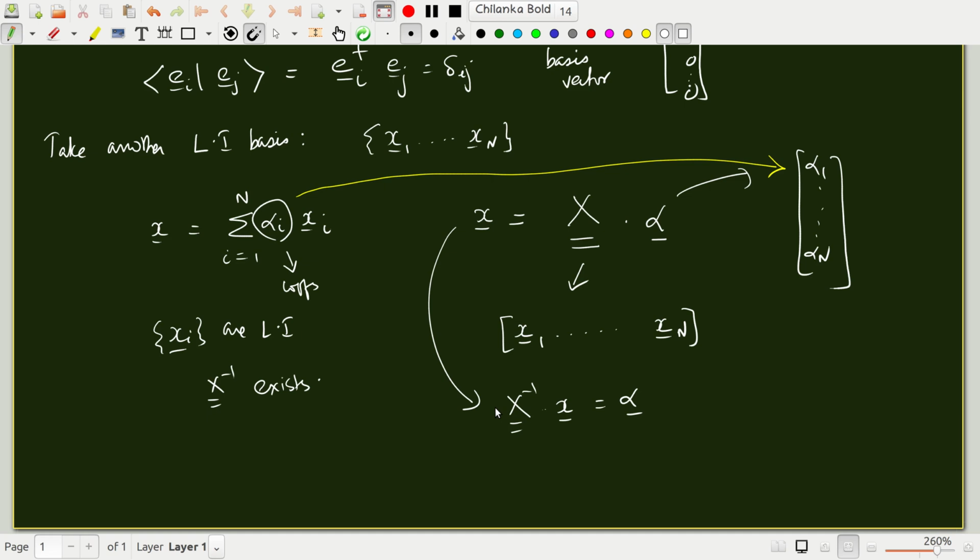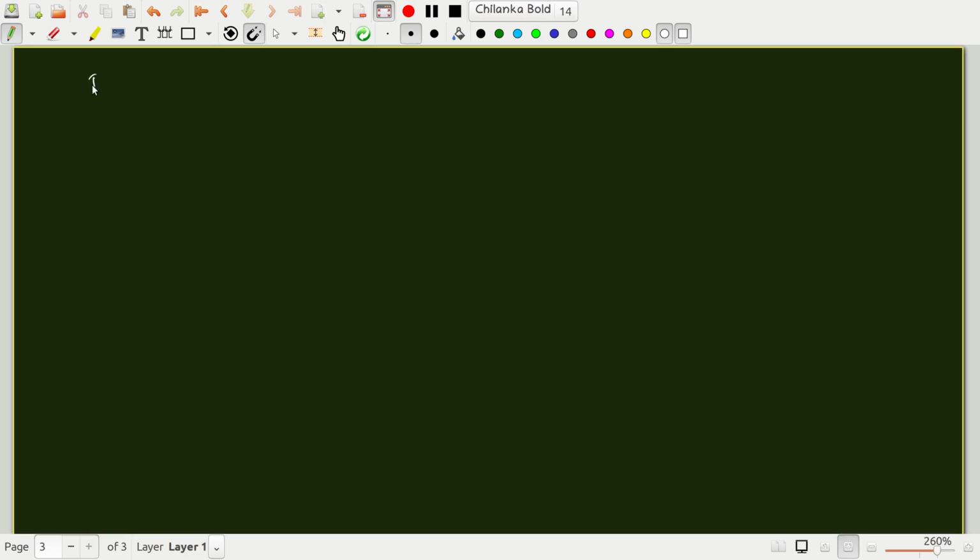Okay, now if the x_i's are orthogonal or orthonormal, then you have x_i dagger x_j is delta ij.